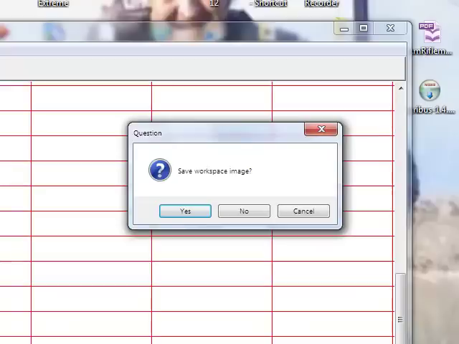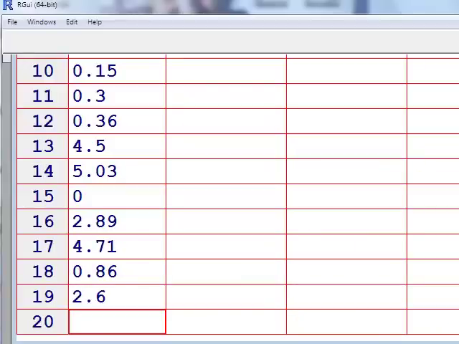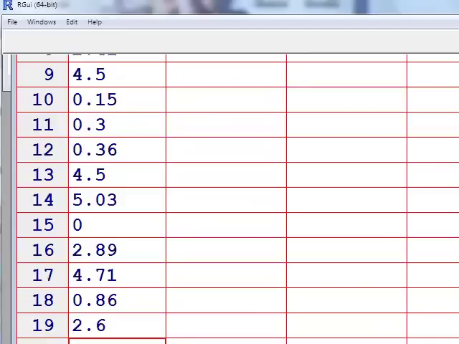Wait a minute. Right, we're going to have to try this again. I hadn't scrolled up, so I closed all of R down. So now I've entered everything here, and I have to move this window over and close it.